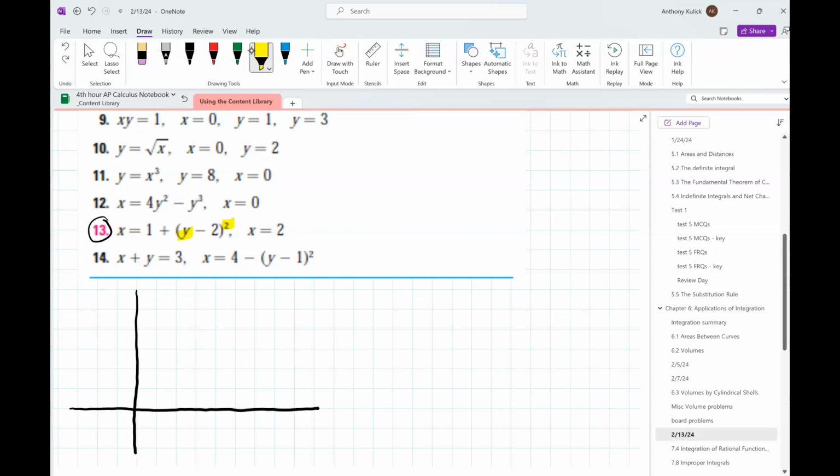Now, which way is this parabola going to be going, up and down or left and right? Left and right. Is it going to be opening to the left or opening to the right? Right. So I know it's opening left or right because it's the y that's squared. And because the y squared is positive, it's going to be opening to the right.